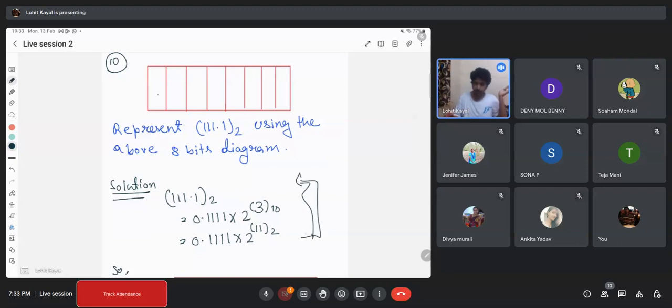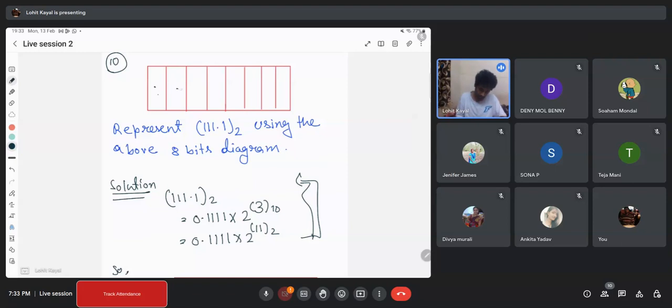I have done the solution. Let me explain it, then you can try the next one. So here the first one will be the sign of the number, either plus or negative minus. For positive it will be 0, for negative it will be 1.